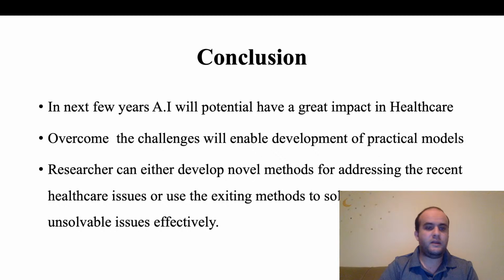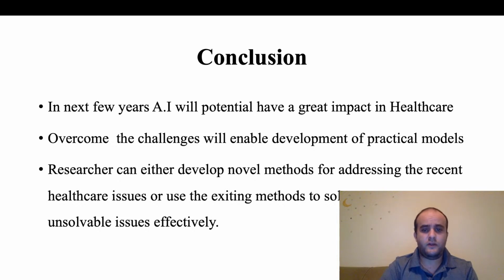As a conclusion, in the next few years, deep learning and AI will have great potential and impact in healthcare. Overcoming the challenges will enable the development of practical models, and we will see some really practical, cheap and accessible models for a lot of people, especially those outside of the city who can't afford very expensive scanning or medical imaging.